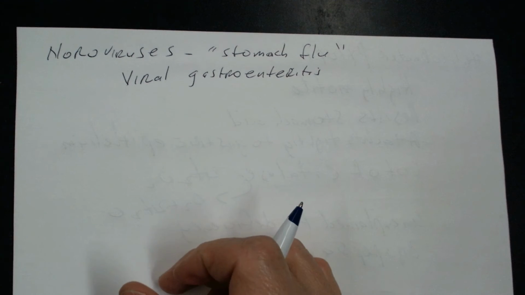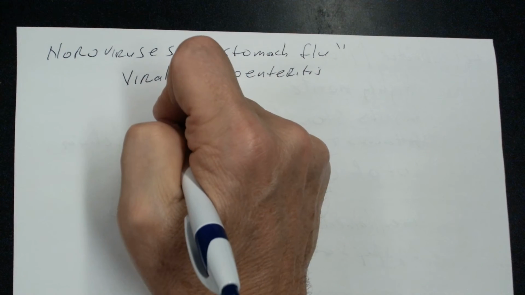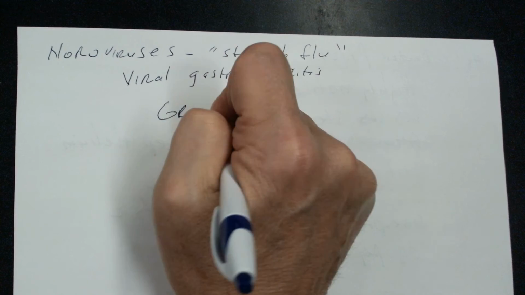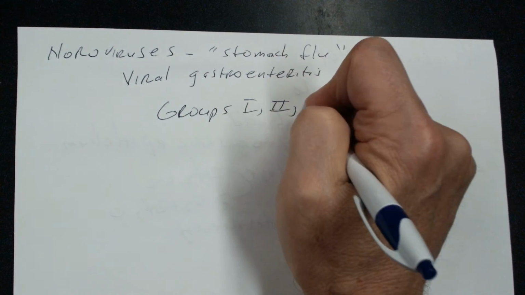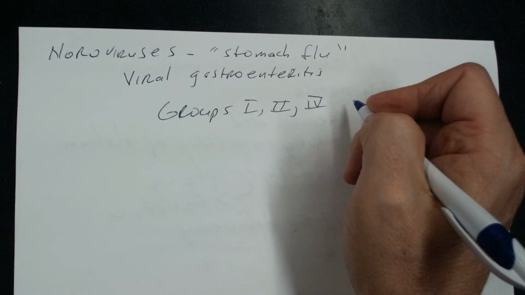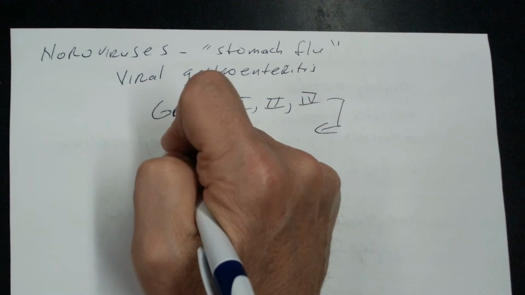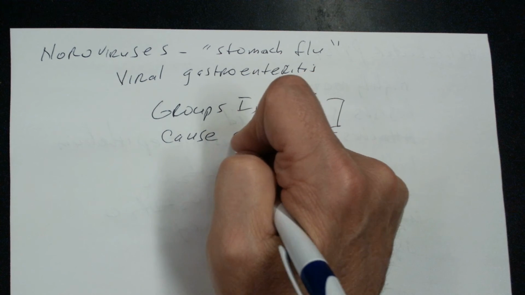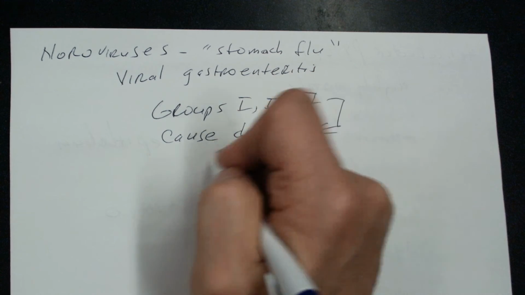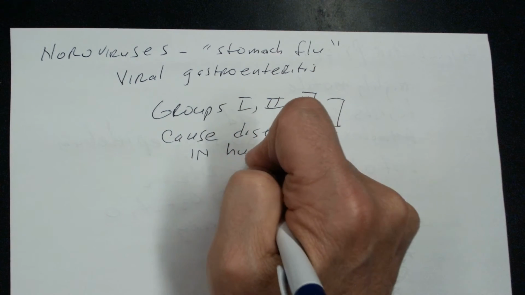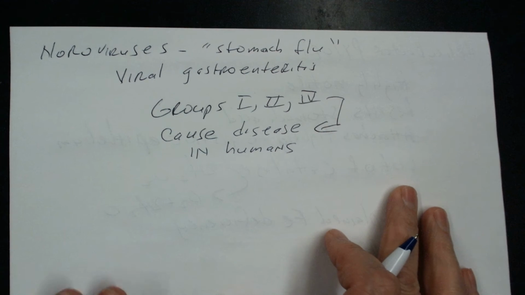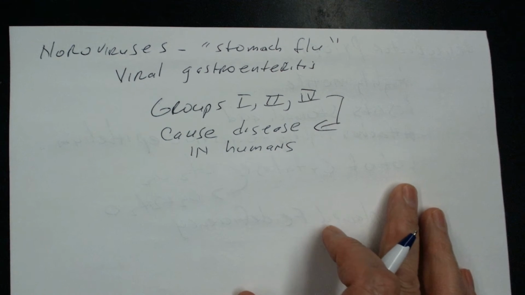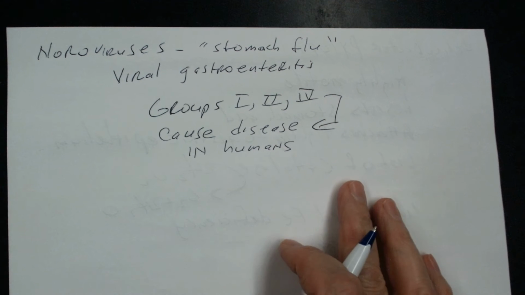So norovirus, there's lots of groups of norovirus. So groups 1 and 2 and 4 are the ones that cause disease in humans. And I am pretty sure just about all of you have probably had norovirus.